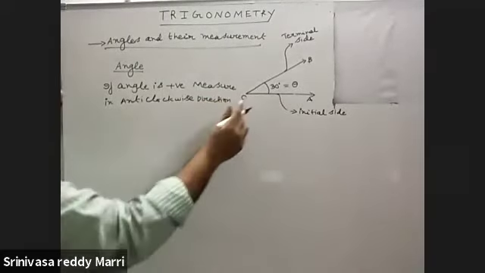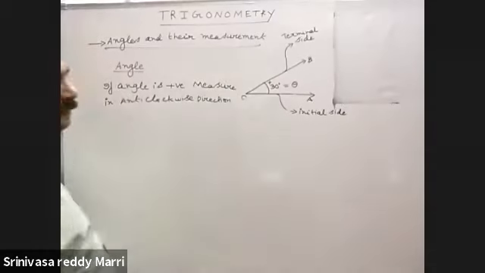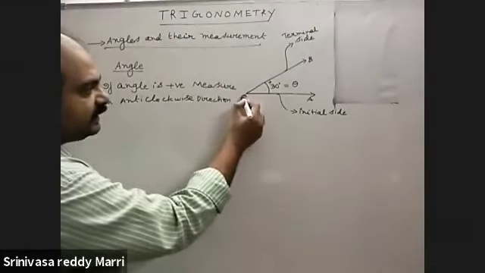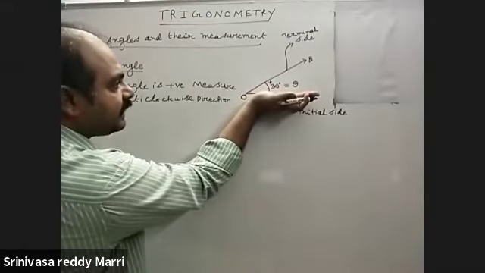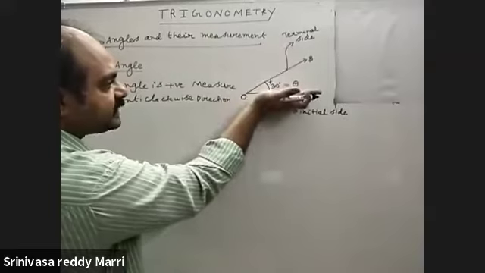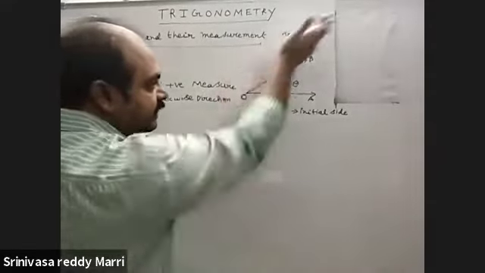That means this is 30 degree, plus 30 degree, a positive angle. Draw the initial side and then draw the terminal ray towards anti-clockwise direction. Measure the angle in anti-clockwise direction like this and then draw the ray.